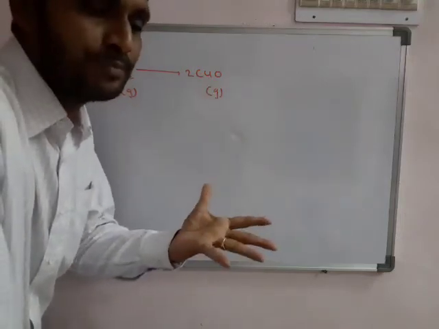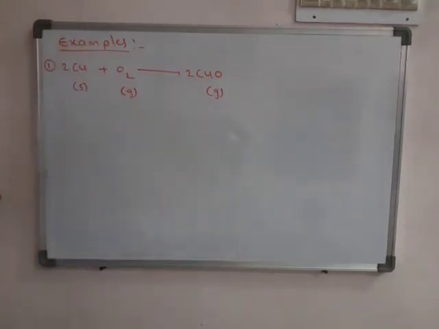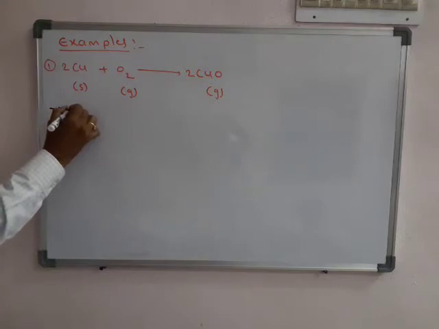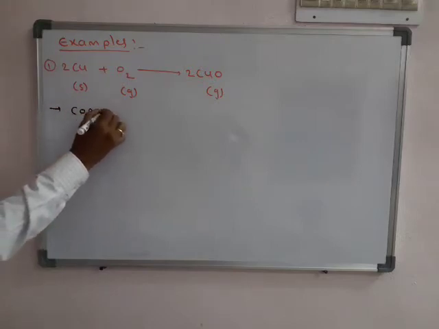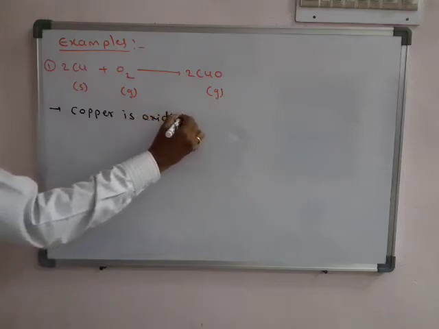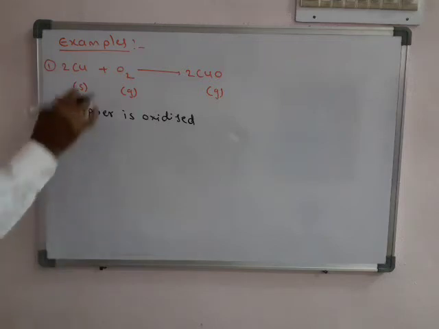So copper gained oxygen, which means it is oxidized. We can write a point that copper is oxidized with the help of O2.